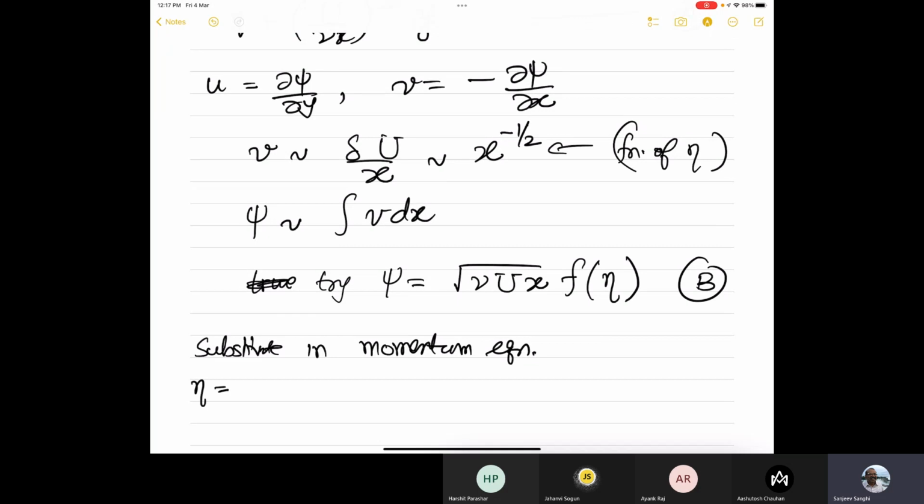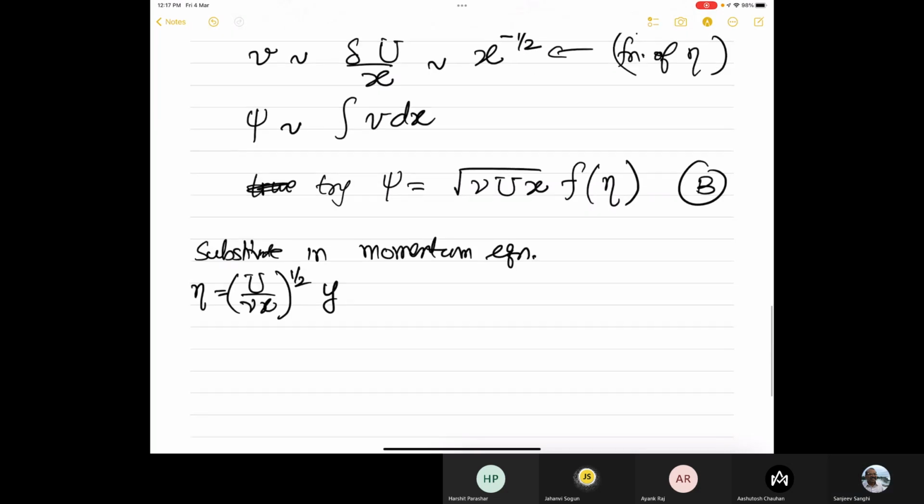Now eta, let me write it again, is equal to capital U upon nu x to the power of half times y. So I'm going to need the derivatives of these.